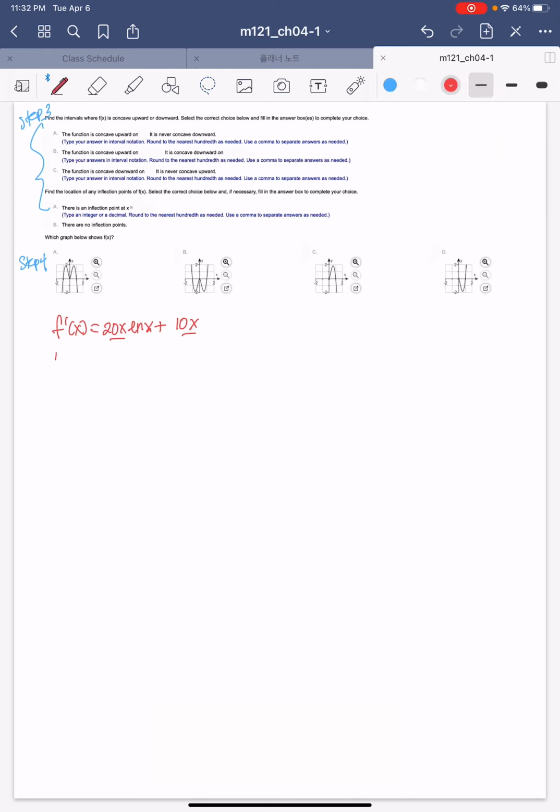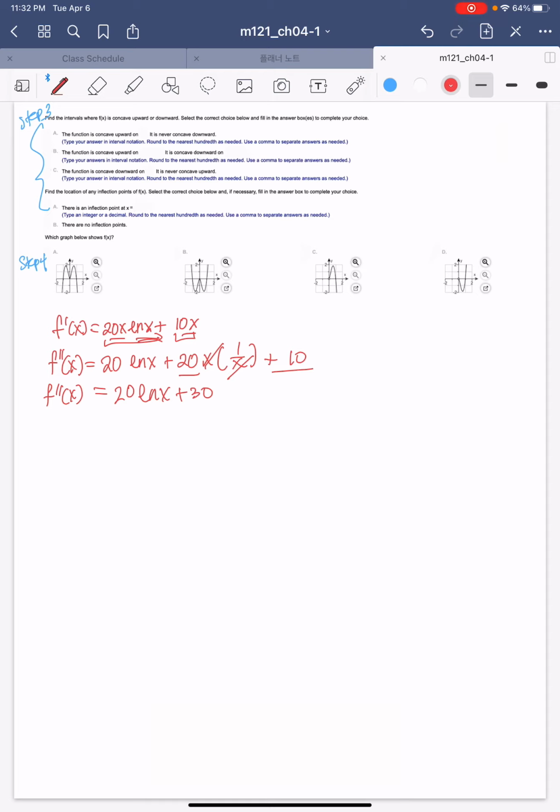My second derivative, this part needs a product rule. So it's gonna be 20 and then ln x, and then we switch: 20x, and then derivative of ln x will be 1 over x. Derivative of the last term 10x is just 10. Let's simplify further. So 20 ln x, the x cancels out. 20 plus 10 will give me 30. So that's my second derivative.